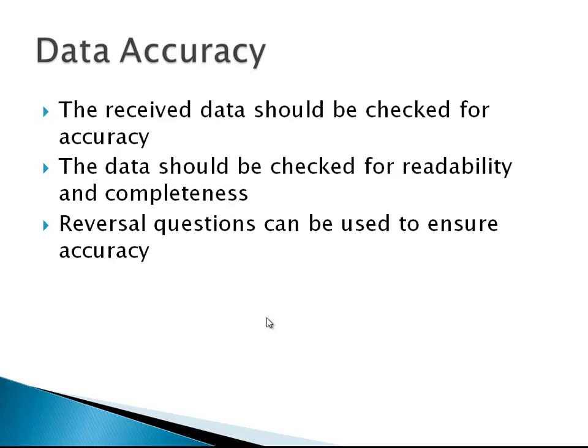To make sure of the accuracy, we can also ask reversal questions. You ask a question, would you like fishing? And then in another question, you ask, do you hate fishing? From the reversal questions, you can ensure that the answer was consistent in both questions.